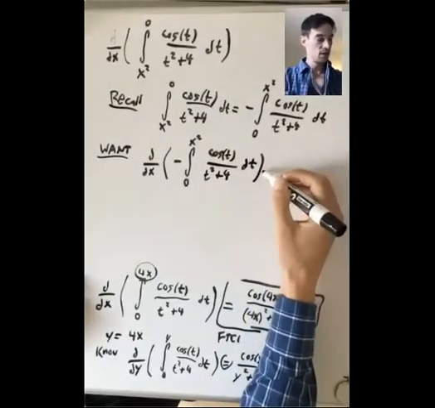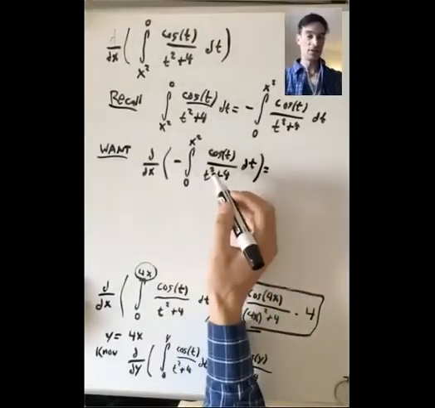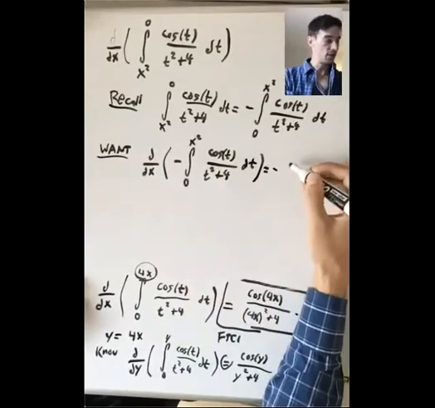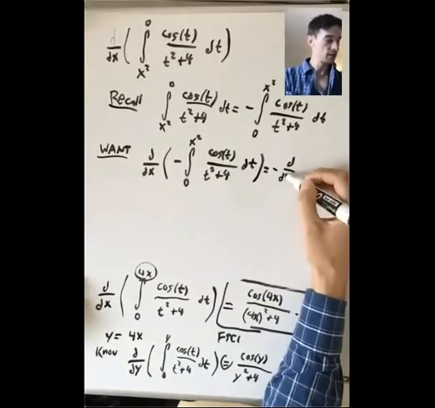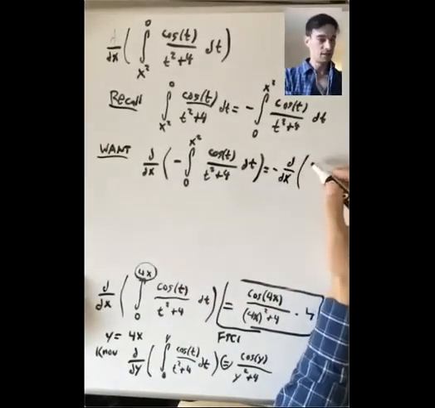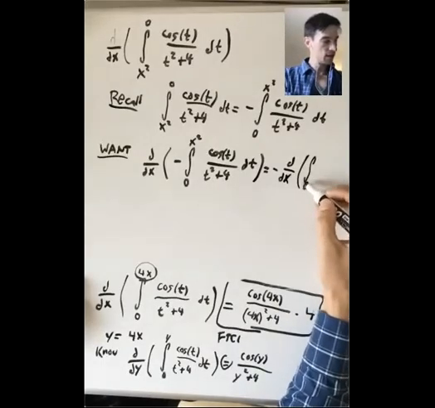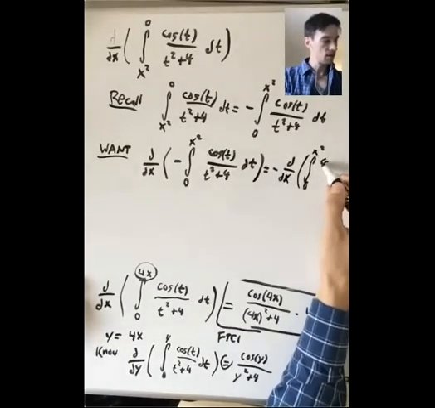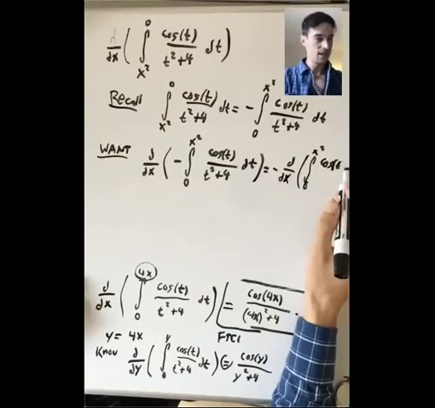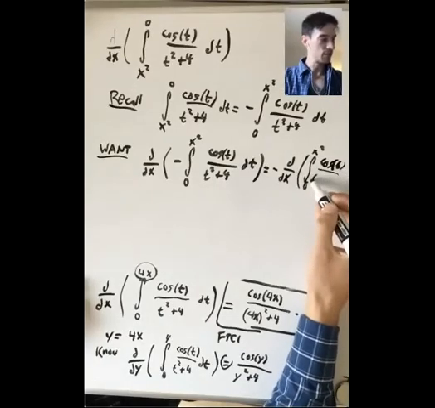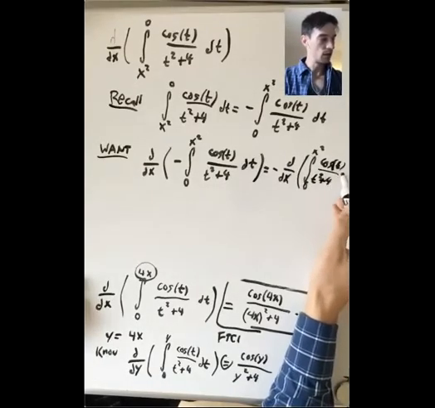The derivative of the negative of a function is just the negative of the derivative. So it's negative d dx of this integral.